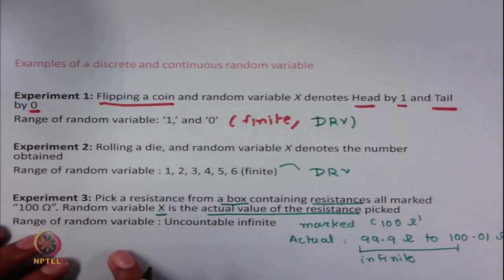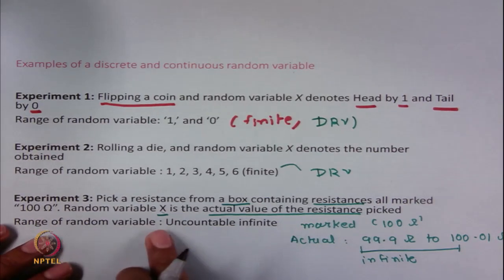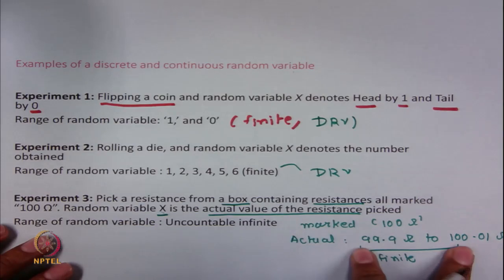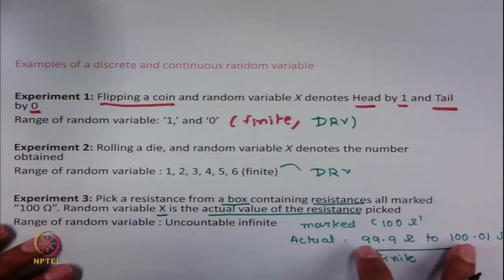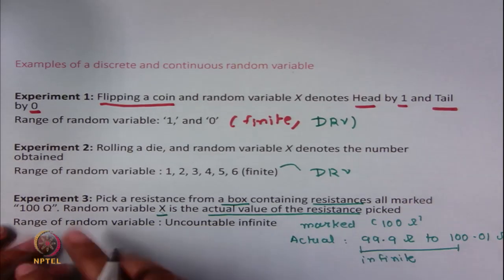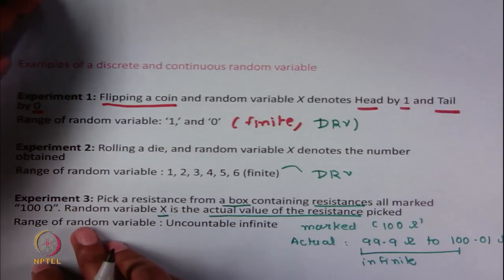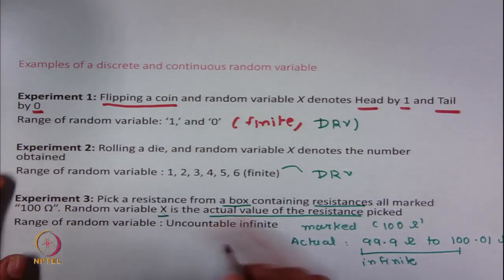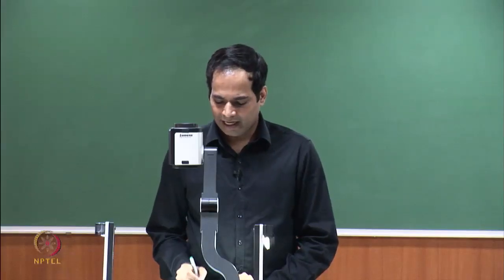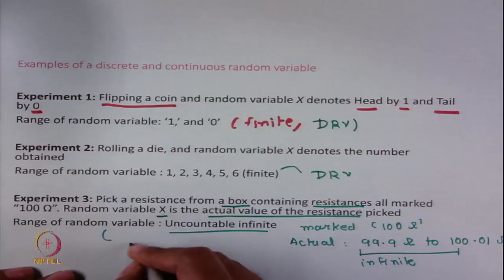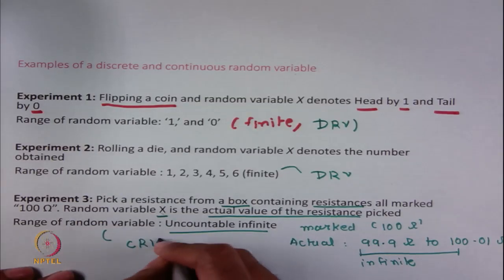Okay. So, actually this range of the random variable is uncountably infinite because it is like the real numbers. The actual value can be any real number. If I assume that I have an ohm meter with infinite precision, then I will get a real number, and the set of real numbers belongs to this uncountable infinity. And so, this random variable X in this case is a continuous random variable.